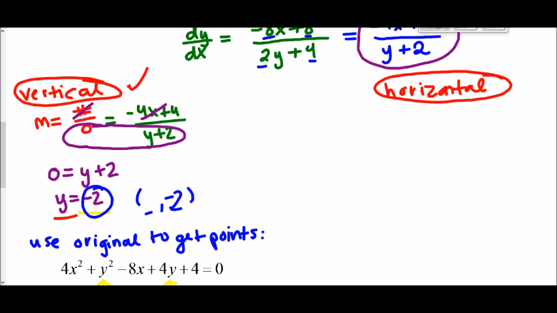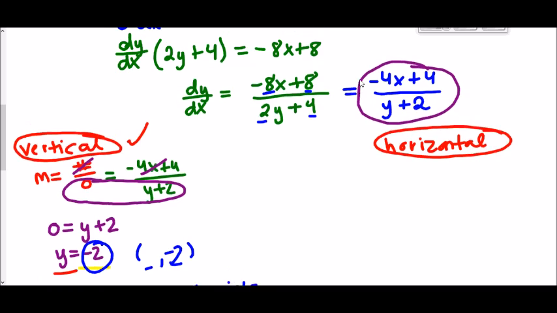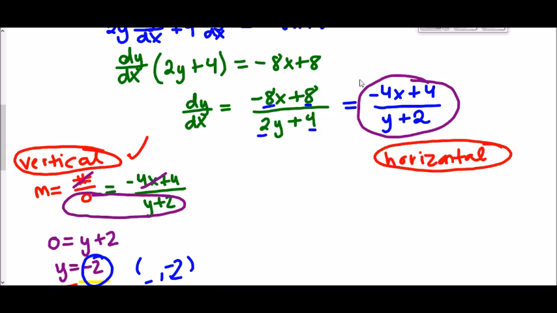Okay. So for horizontal, it's the opposite of vertical. Instead of having 0 on the bottom, it's when we have 0 on the top. So if we set that equal to our equation, then we have negative 4x plus 4 over y plus 2. But we only care about the top because the bottom can be whatever number that it wants to be. It doesn't matter to us.